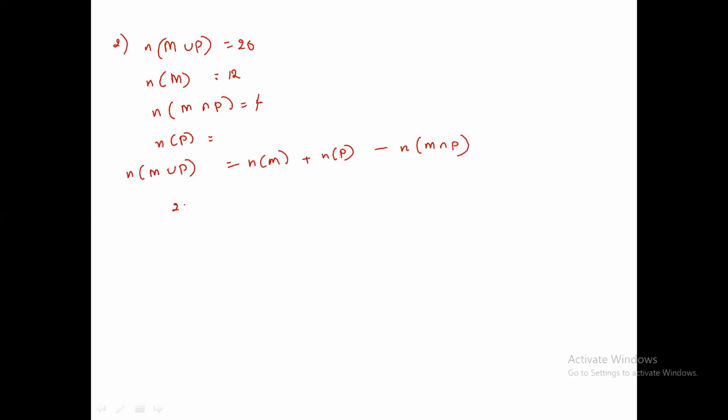So m union p is 20, m is 12, n of p we don't know, but the intersection we know, n of m intersection p, it is 4. So 20 minus 12 plus 4 is n of p. 8 plus 4, so n of p is equal to 12.